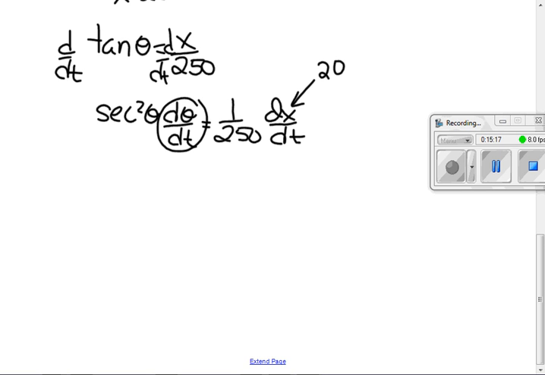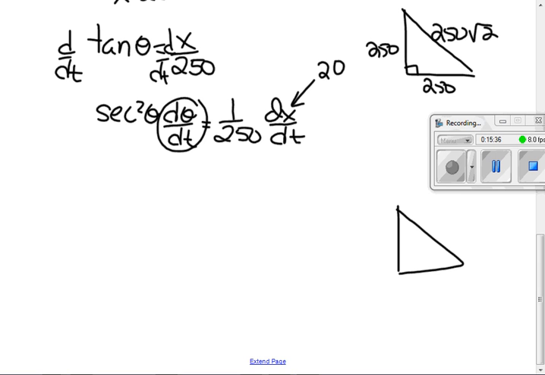Hey, what did you guys get over there? Now, at the snapshot, this is 250. This is 250. What's the hypotenuse? It's 250 times the square root of 2 because this is what kind of triangle? Pythagorean. 45, 45. You're right. So what's the secant of my angle?